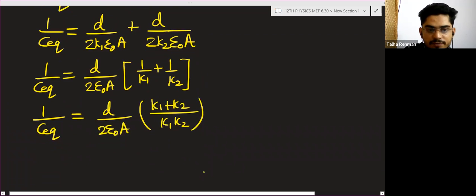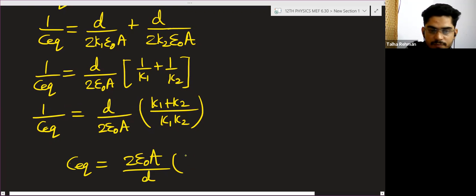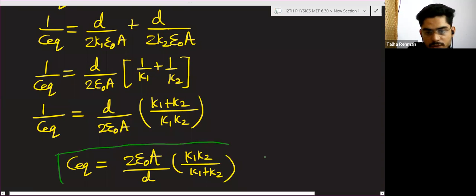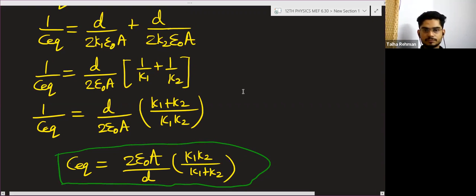So C equivalent will be 2 epsilon naught A divided by D, this will become K1 K2 divided by K1 plus K2. This is the final formula. Okay, please note it down.